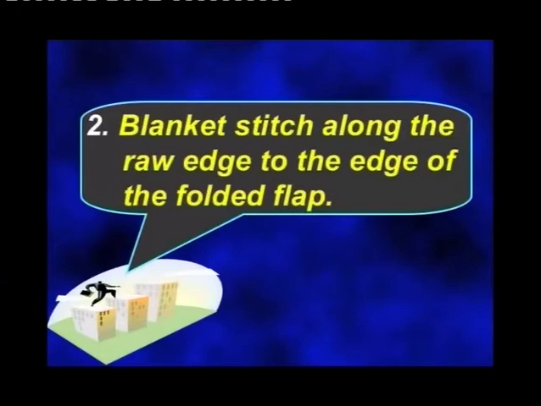You push the needle through, bring it out, go back, pull it through, go back again the second time, pull it through. Then you push the needle about 1 centimeter or half a centimeter.